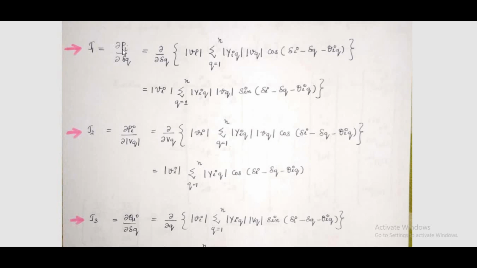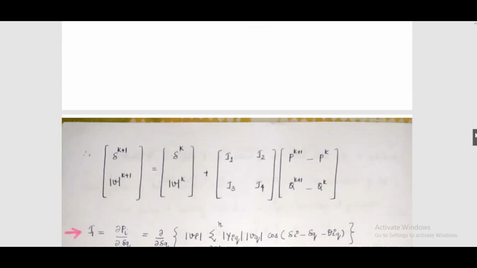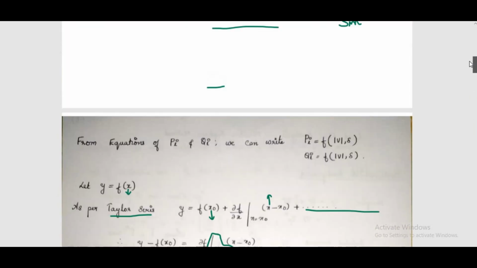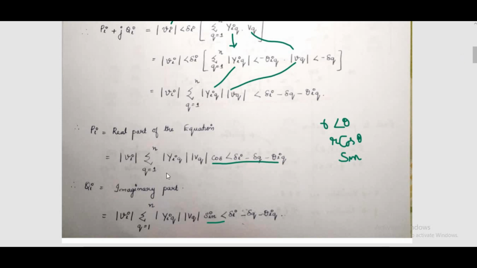So we can write generally as dou Pi by dou delta Q, where Q can be any value from 1 to n. So what was P? Do you remember? We have already found out an equation for P. Yes, this was our equation for P. And this equation we are going to differentiate with respect to delta.